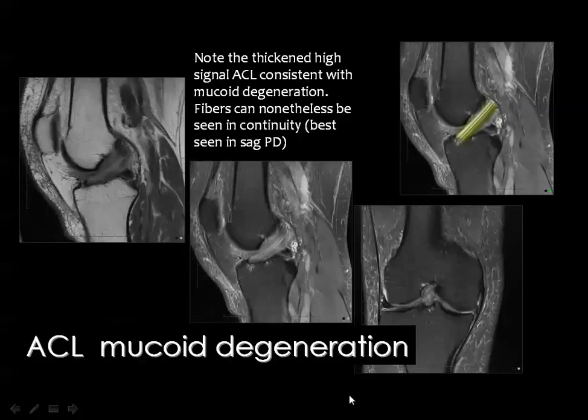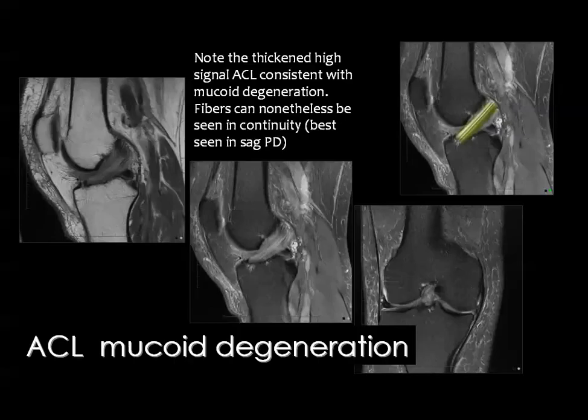Then we come to another issue regarding the ACL abnormalities, and this is known as mucoid degeneration of the ACL. By mucoid degeneration, we mean that there is degeneration of some of the fibers of the ACL while other fibers remain intact.